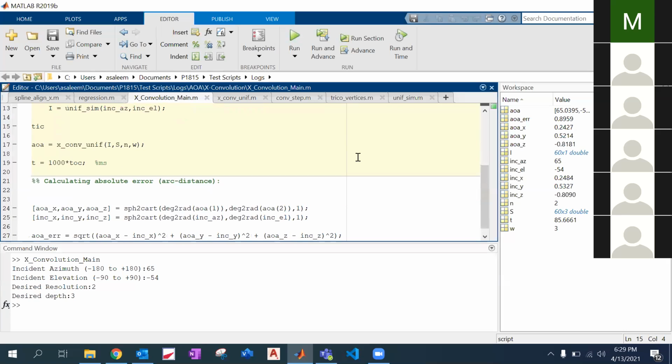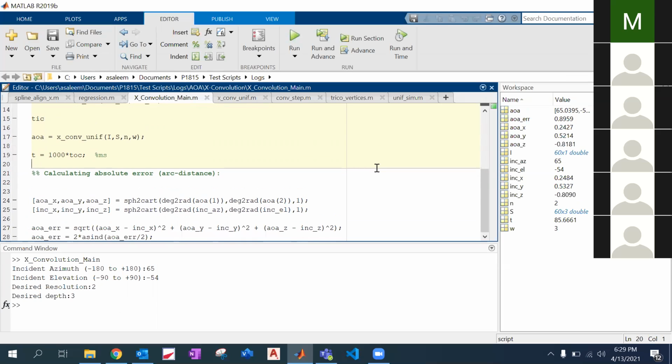Actually, to be fair, I apologize, this is not an arc second, this is a degree. Here I have a sine d. So this is 0.8 of a degree. In our terms, our goal is 1 arc second, so that is really bad. But that's the best you can do if you start with a resolution of 2 and do a depth of 3.